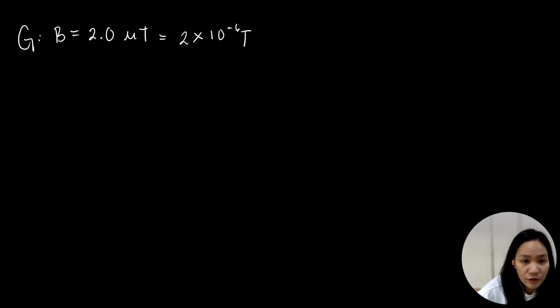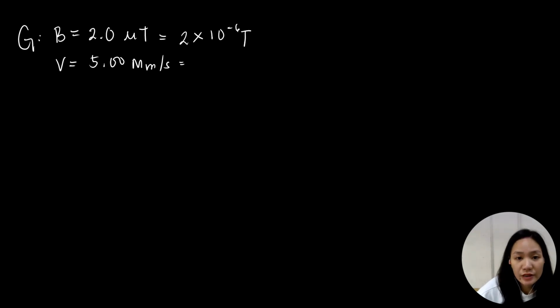Velocity was also given, which is 5 megameters per second, which in SI is 5 times 10 raised to 6 meters per second.